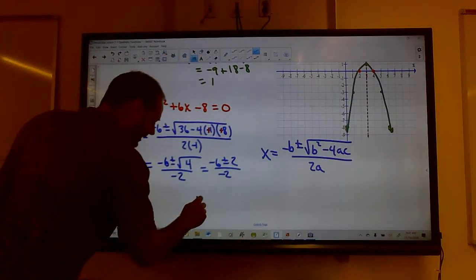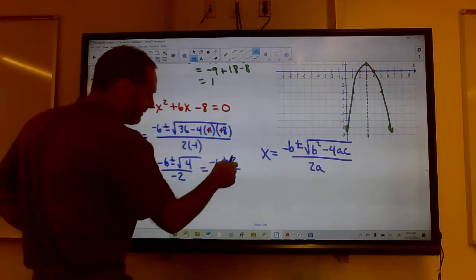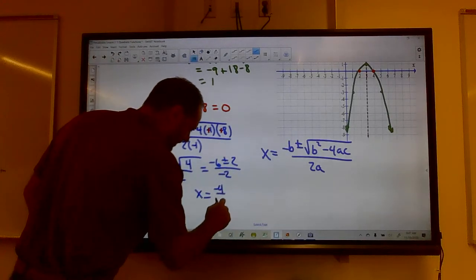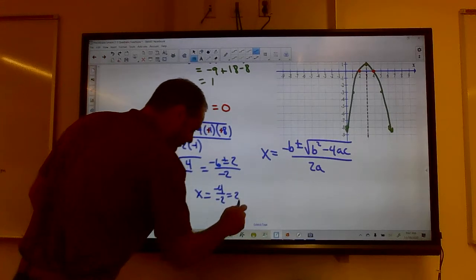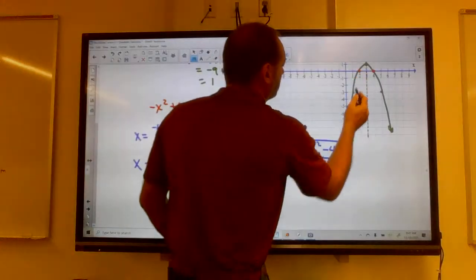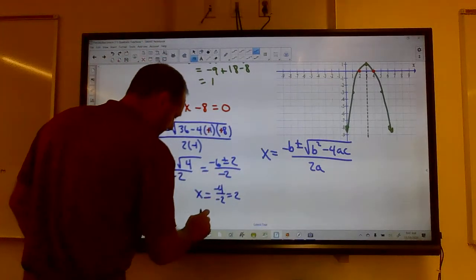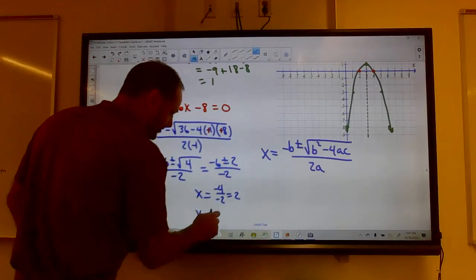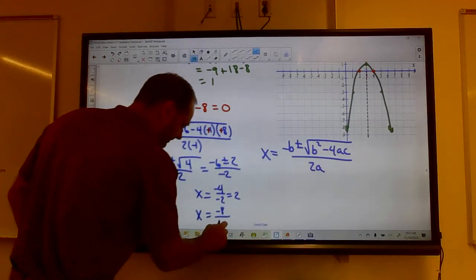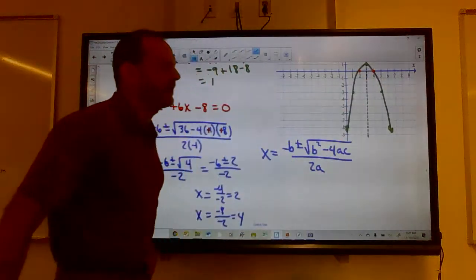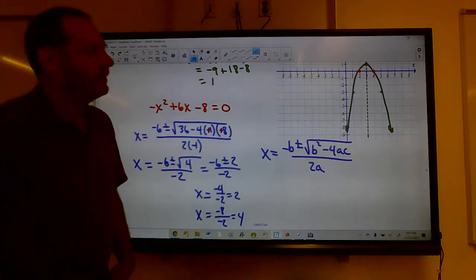All right, so x would be negative 4 divided by negative 2, which is going to be 2. Hey, that confirms what we got right there, doesn't it? And then negative 6 minus 2 would be negative 8 divided by negative 2, which would be positive 4, which, hey, look at that, it corresponds with my 4 over there.